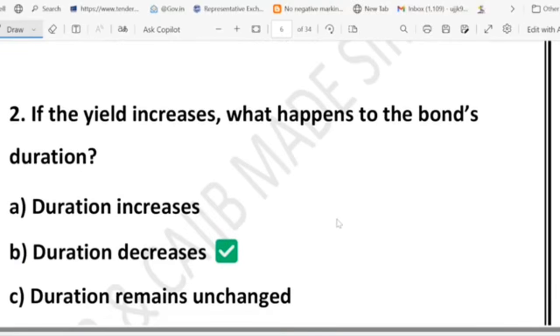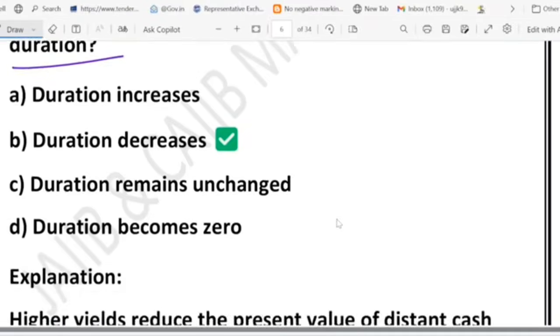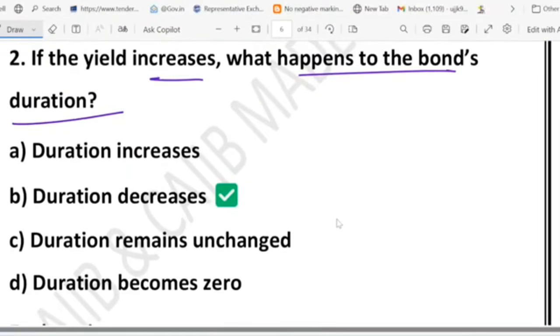Now friends, let's look at the second part of this question. The question is, if yield increases, what happens to the bond duration? Very good question. Duration increases, duration decreases, duration remains unchanged, or duration becomes 0. First of all, let's understand the meaning of duration in simple words.